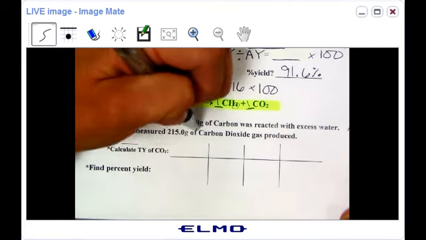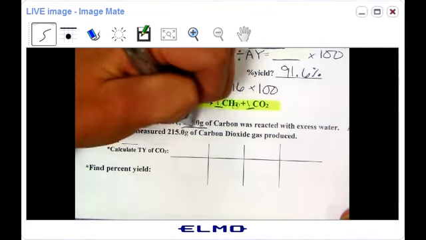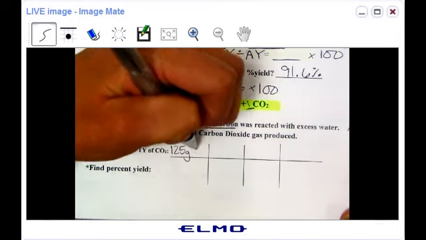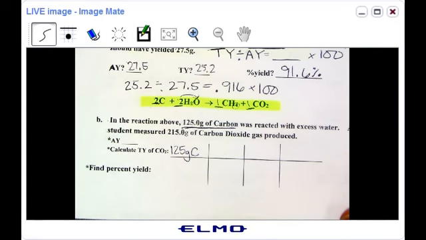You're going to start 125 grams of carbon.